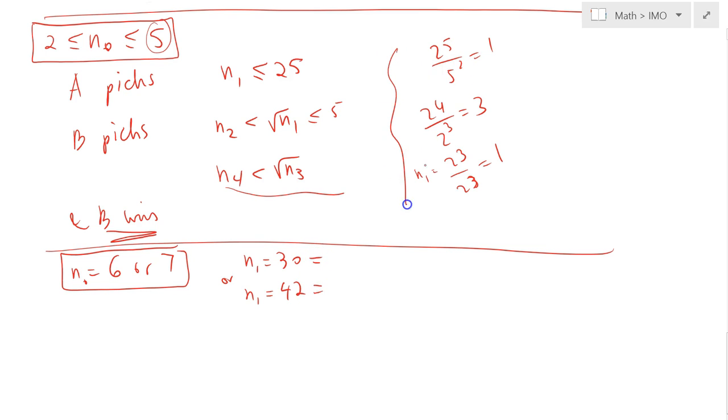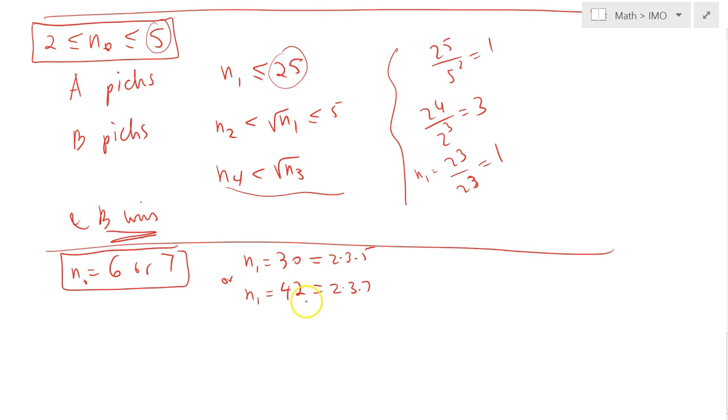Because of the trap that n1 faced in the first step, namely that any number less than 25 would have at most 2 prime divisors, not 3. But luckily 30 has 3 prime divisors, and the same thing with 42. So what this allows A is to go to 30 or 42.